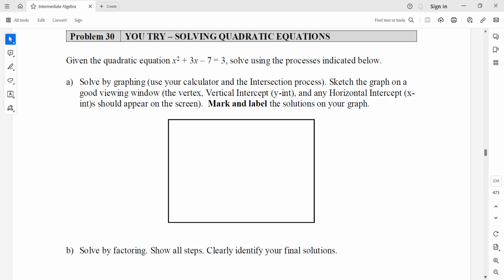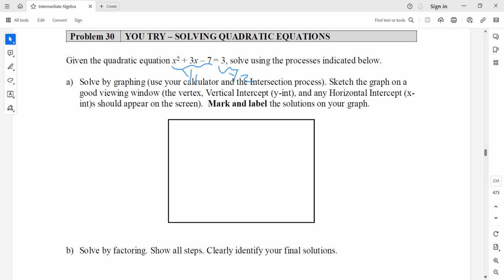So this can be my y1 and this can be my y2. I'll put that in the calculator like that. Or I can move the 3 to the left and have 0 for y2. Either way you get the same thing. Remember, here you are solving the quadratic equation, so you are not finding the x-intercept when y2 should be 0.